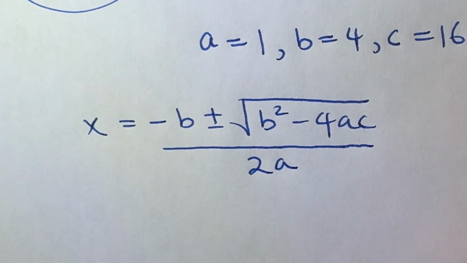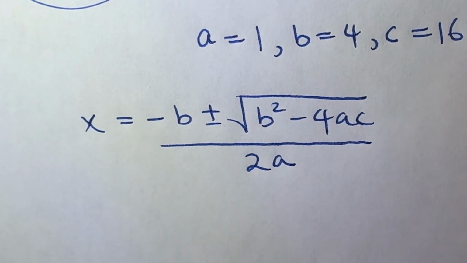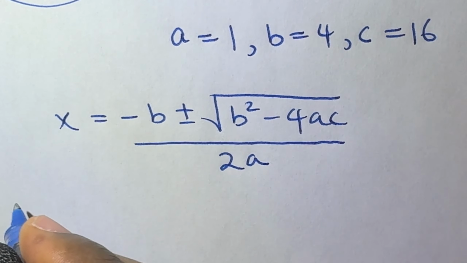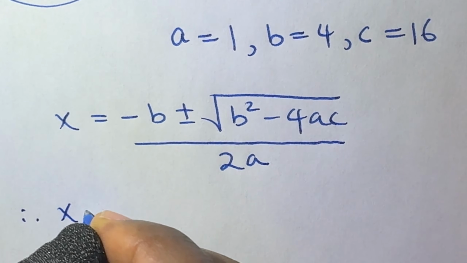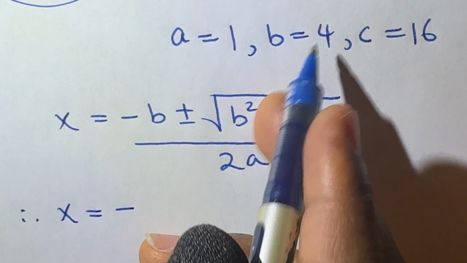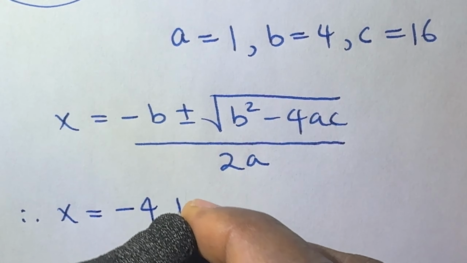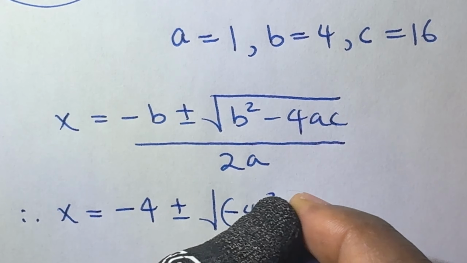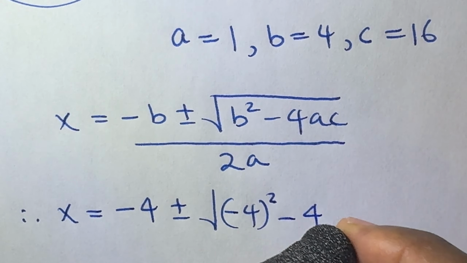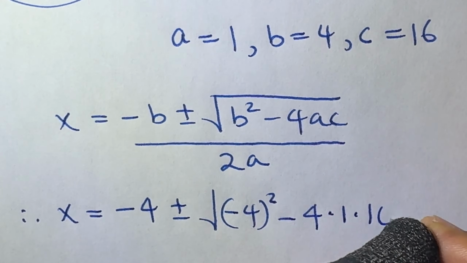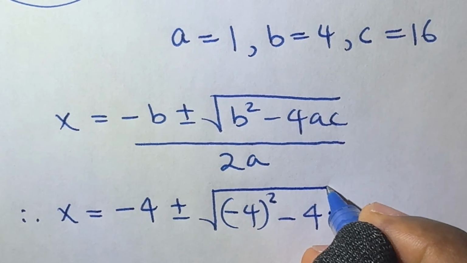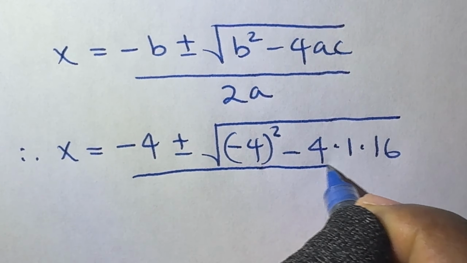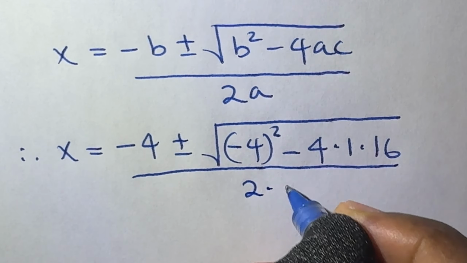We'll substitute all of this. Therefore, x is equal to minus b, which is minus 4, plus or minus the square root of minus 4 squared, then minus 4ac, 4 times 1 times 16, all of that divided by 2a, which is 2 times 1.